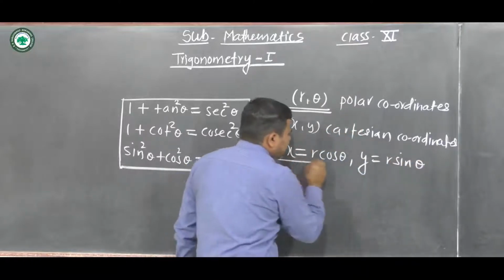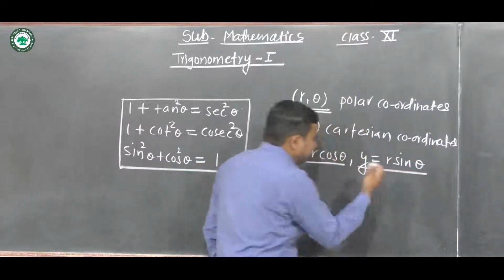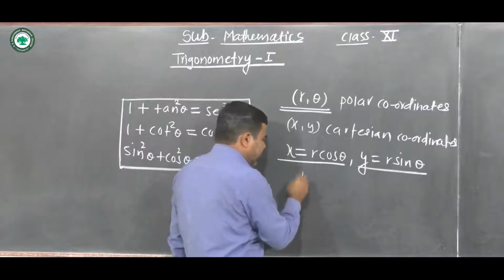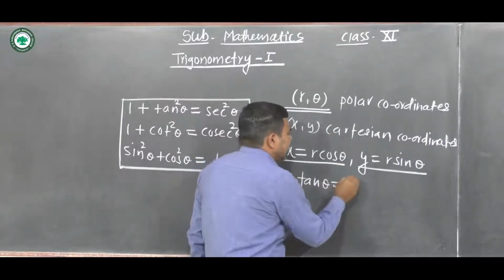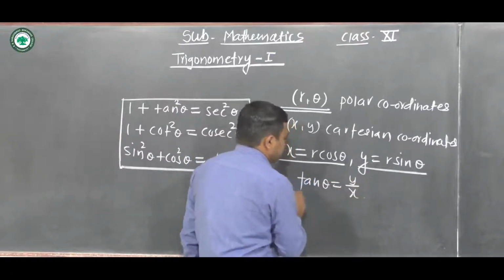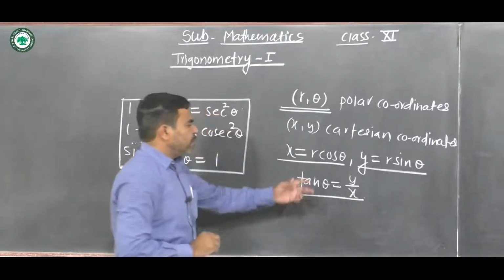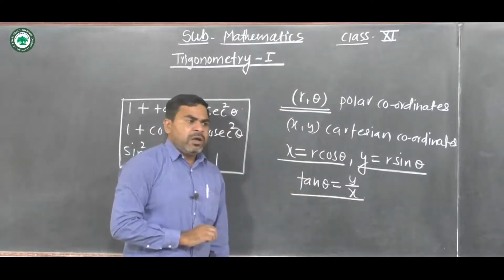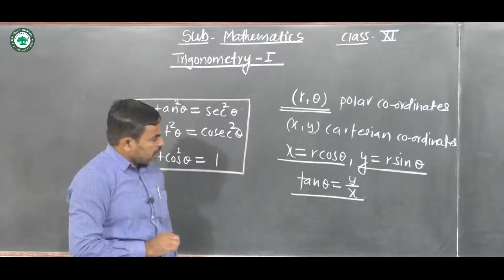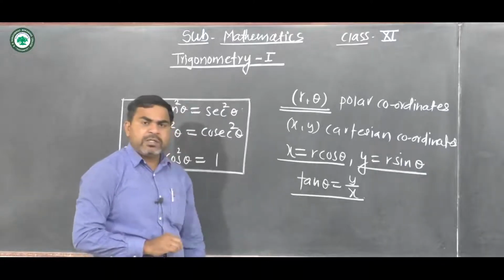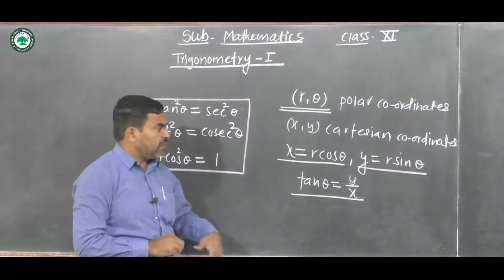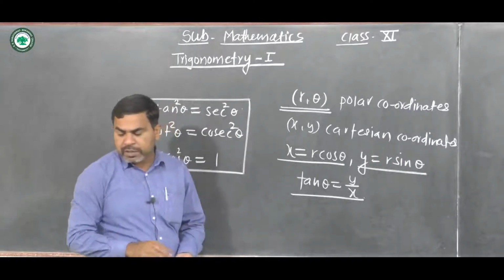With the help of these two equations, as well as one more equation, that is tan theta is equal to y by x, if Cartesian coordinates are given, we can find polar coordinates, or if polar coordinates are given, we can find Cartesian coordinates.